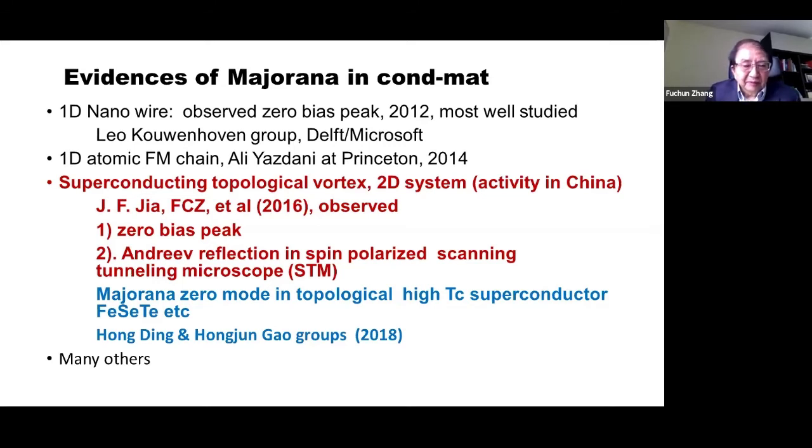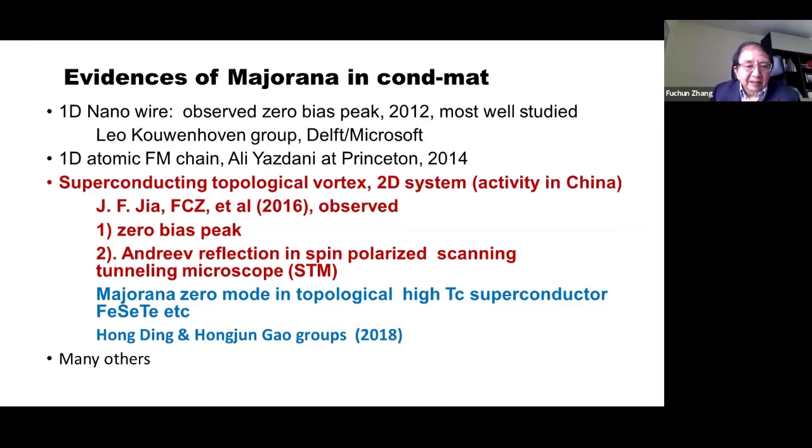Later, in the vortex core, by using STM, more direct evidence for the Majorana zero mode has been observed in topological high-Tc iron-based superconducting materials. That has been carried out by Hong Ding and Hongjun Gao's groups at IOP, who started to report in 2018.